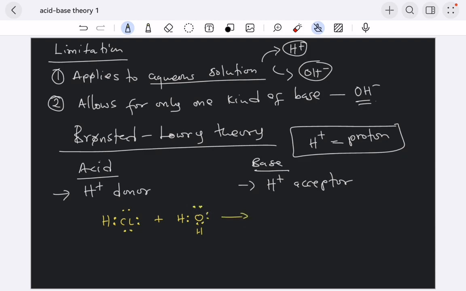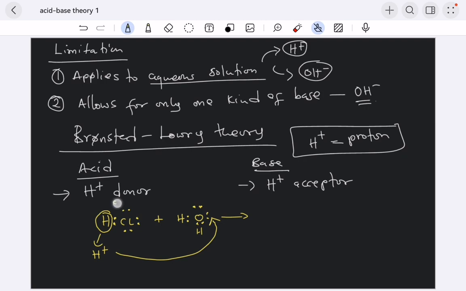So what this means is that this hydrogen becomes a proton. So when that hydrogen becomes a proton, it moves and attaches itself to that.